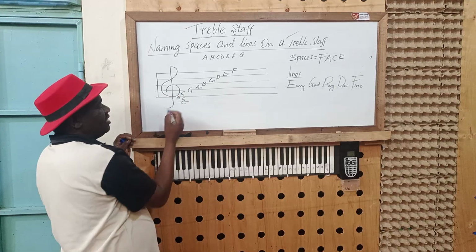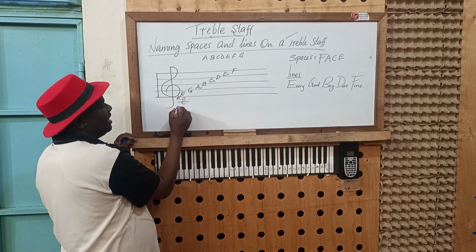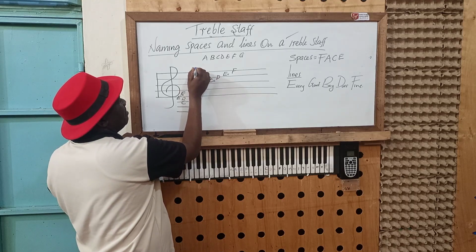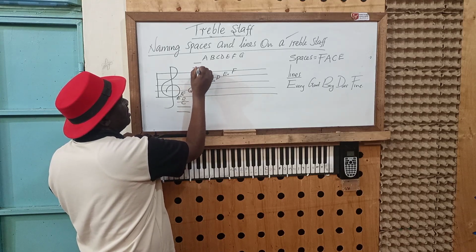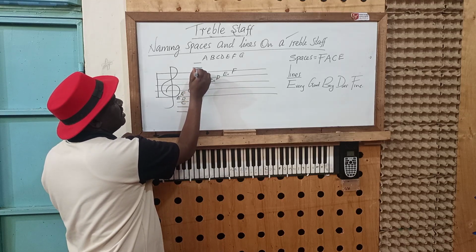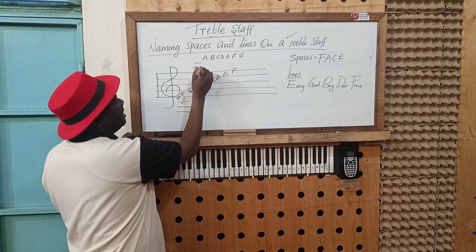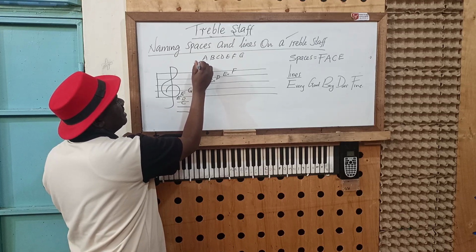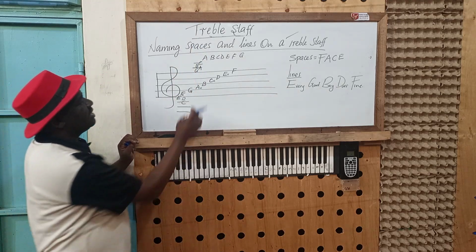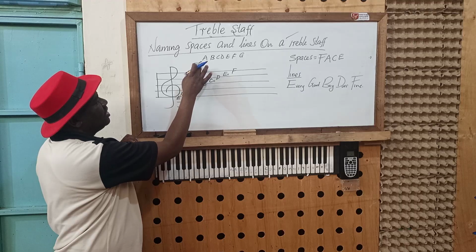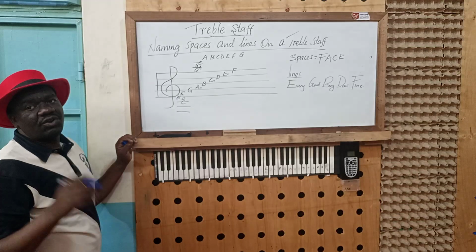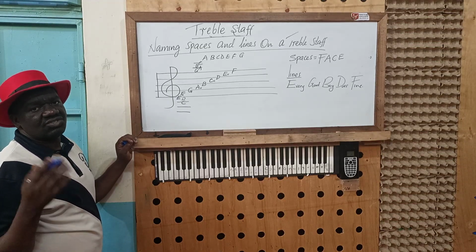It is outside. So we have to put a ledger there, and the ledgers can be as many as possible. Some other ledgers can even be here, and we can continue naming them. If this last line is F, then this space is G, this line ledger is A, this space is B, this ledger is C. You can continue naming them like that. You can move on like that, and the order of the letters does not change.